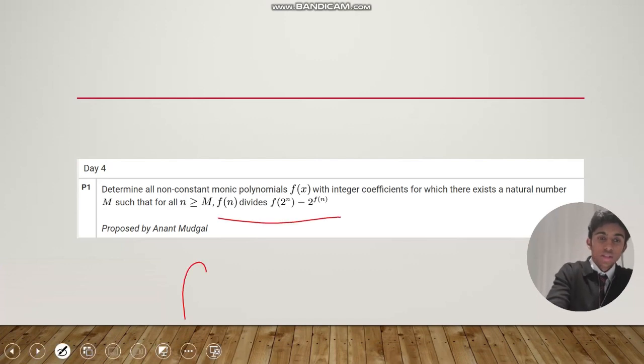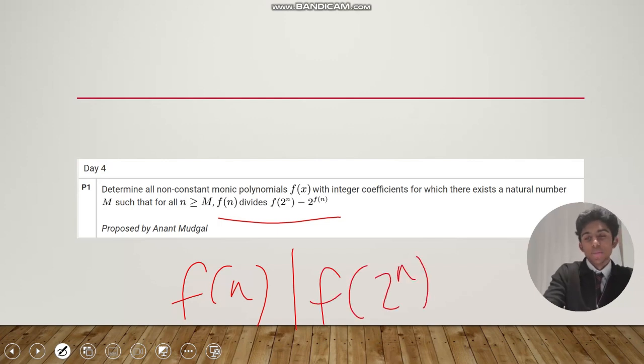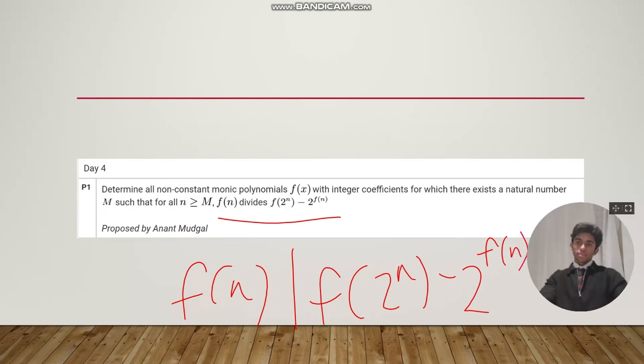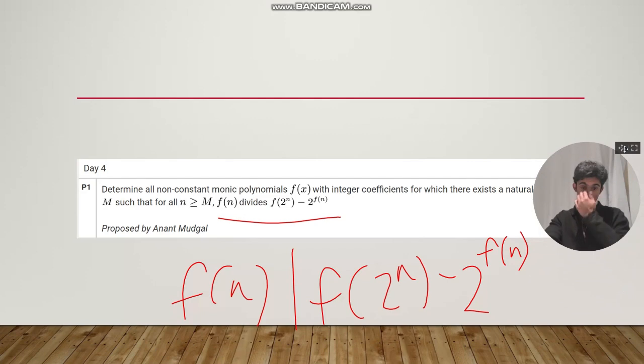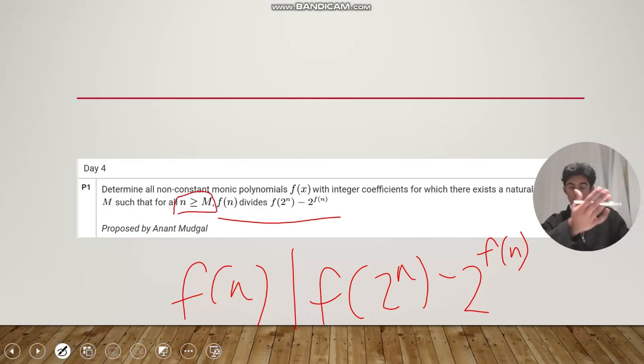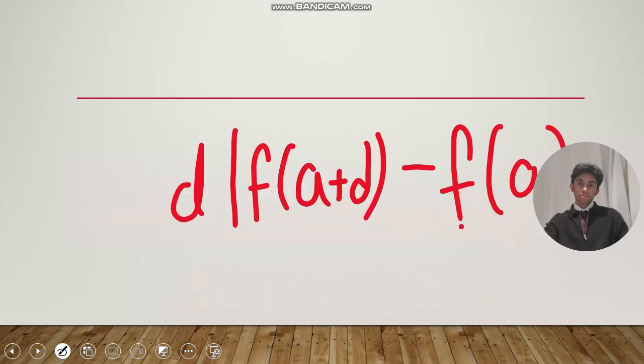This divisibility becomes something like this: f of n divides this. Pretty simple statement, along with the extra condition that this only holds for all sufficiently big n. Simple statement, but not so simple a solution, and let's get straight into this.